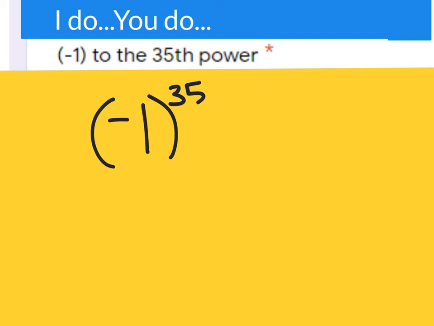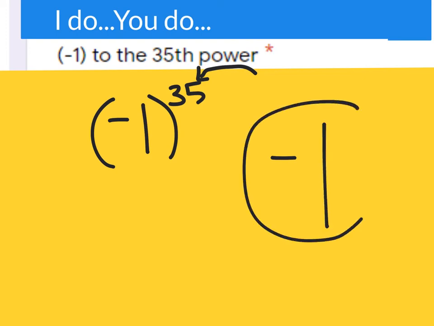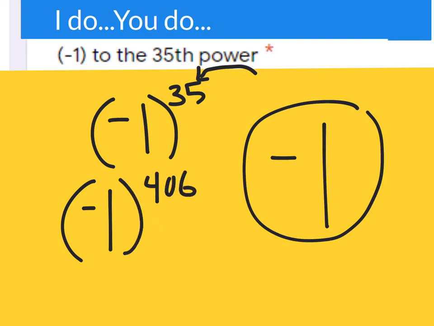So how many negatives do I really have? I have 35 negatives. All I'm looking at is, is this number even or odd? It's odd, so your answer is going to be negative. And 1 times 1 times 1 all day long is 1. So if I would have had -1 to the 406th power, now I have an even number, right? So now it would be a +1.